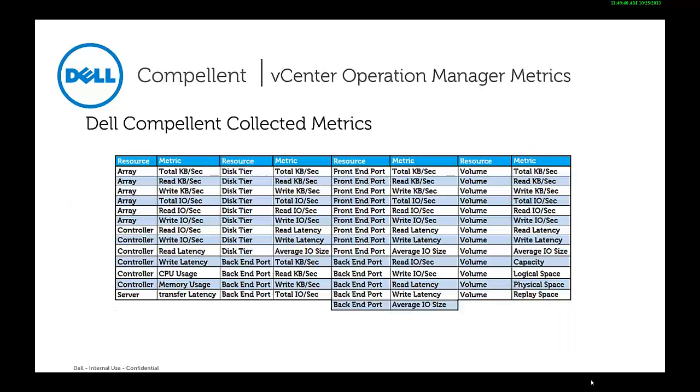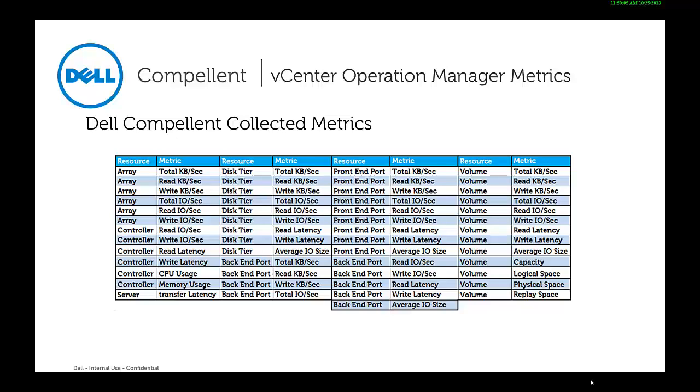The Compellent vCOps adapter collects the following metrics from Enterprise Manager. It collects metrics on the entire array, you see the metrics there, as well as on each individual controller within the system, the server objects, the disk tiers, the front-end and back-end ports, and volume levels. Each one has maybe some different metrics that are being collected.